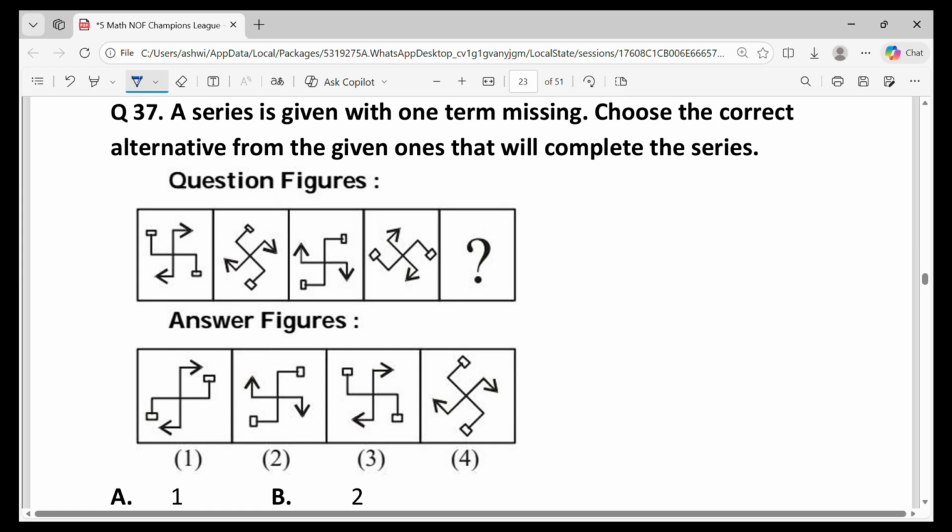Question 37. A series is given with one term missing. Choose the correct alternative from the given ones that will complete the series.